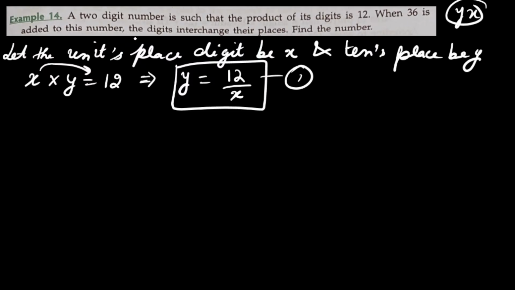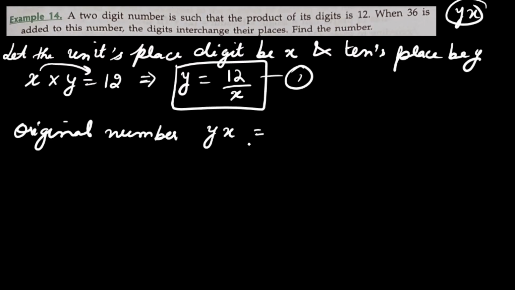Now, when 36 is added to this number, see what number will become actually. The concept which I taught you before starting this: the original number is of this form, yx. I cannot write it as yx because it will look like a product.